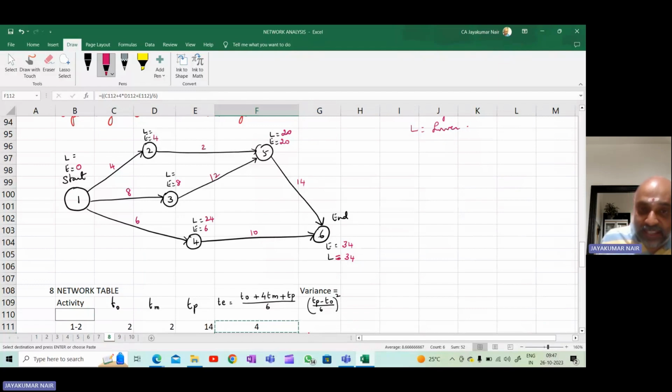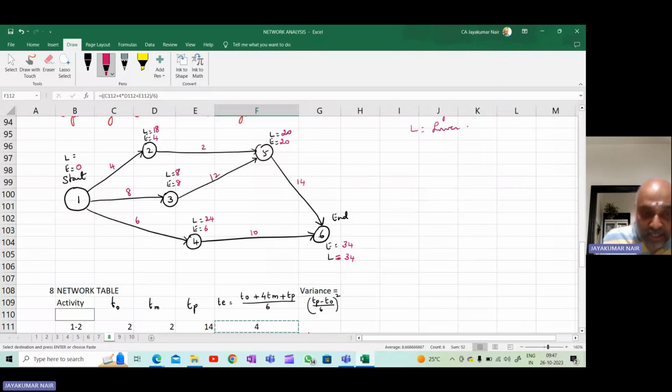Now see here, L is 20, and only one arrowhead is coming here, so 20 minus 12 is 8. And there's only one arrowhead coming from 2, therefore 20 minus 2 is 18.